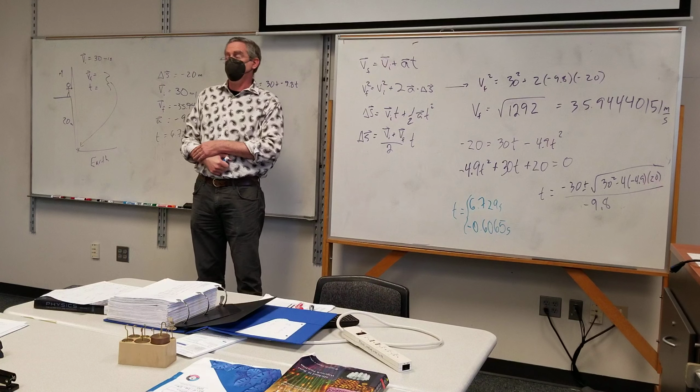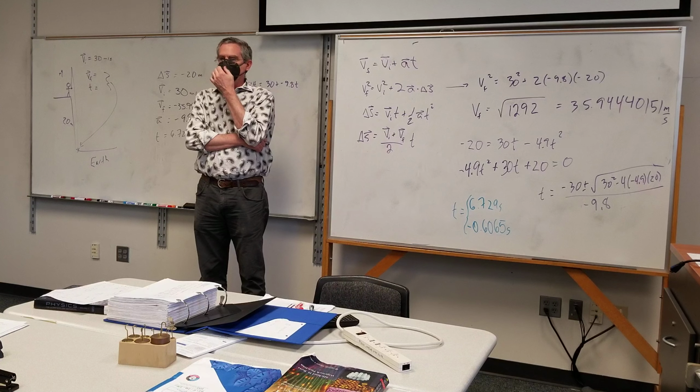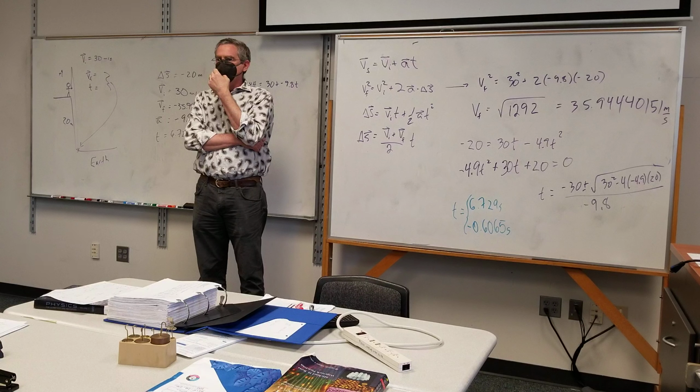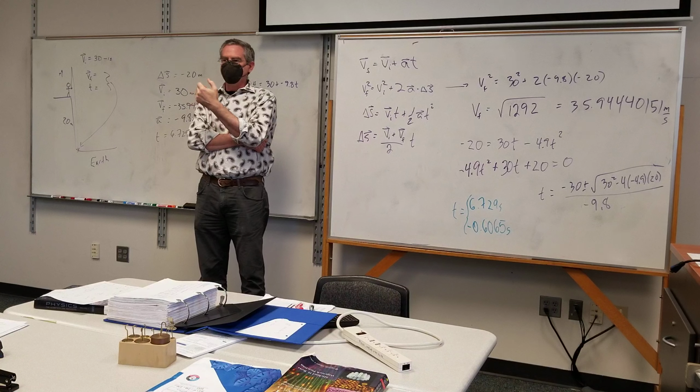It is not. Wait, that wouldn't even make sense. That's a negative. How do you get negative time? It happens before you start the stopwatch. That's all the negative time means. It happened earlier.